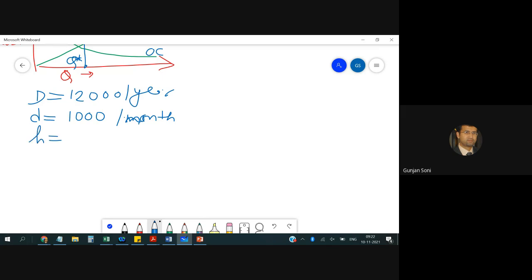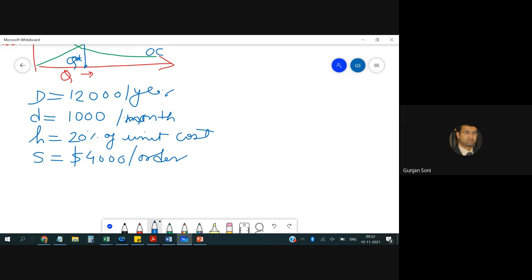Holding cost is given as 20% of unit cost, and the fixed cost, that is the ordering cost, is given as $4,000 per order. So every time you place an order, $4,000 will be incurred.